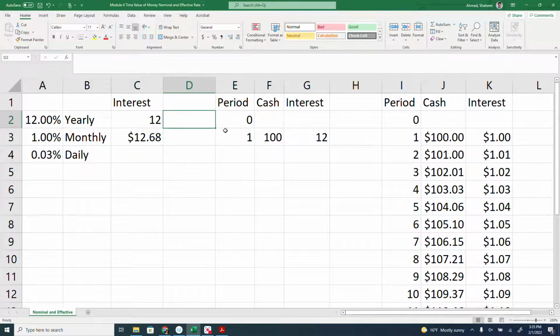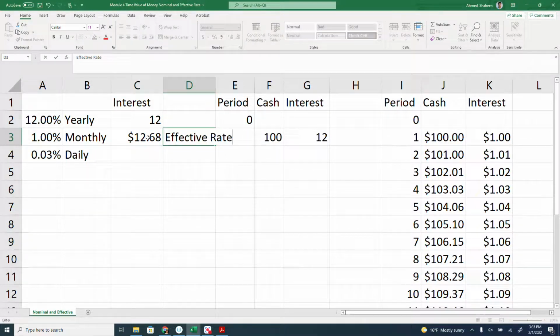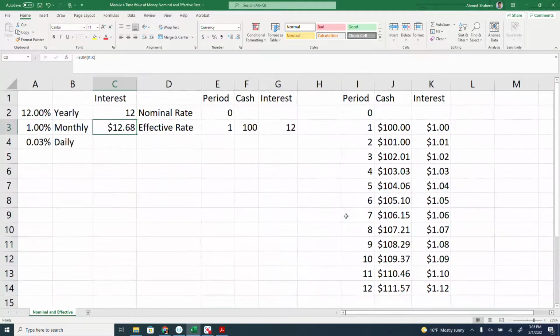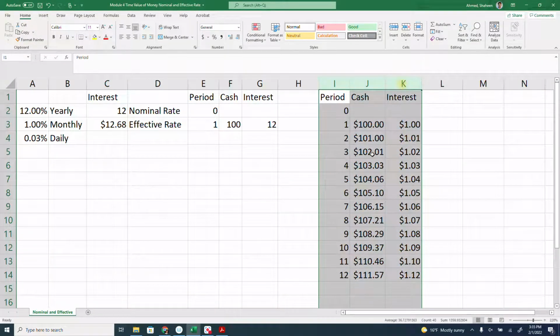So 12% is the nominal rate, but this is the actual interest, or effective rate, yearly. So this is the effective rate in this case, and this is the nominal rate. If you compound monthly, this number increases, and it's going to increase more if you compound daily.